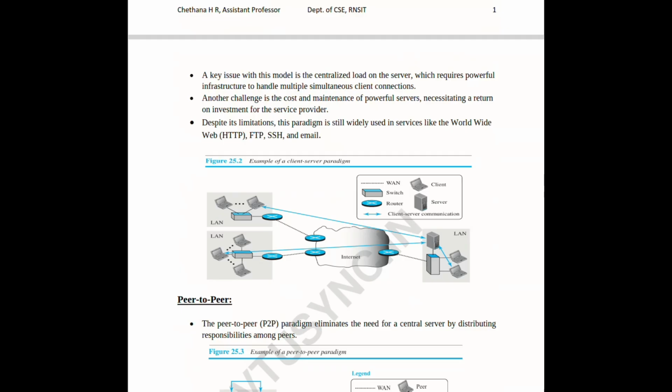This will overcrowd the internet and make it slow. Only if the request gets its response does it start working. That is a major limitation of this type of paradigm. But it is widely used by the World Wide Web, HTTP, FTP, SSH and email.